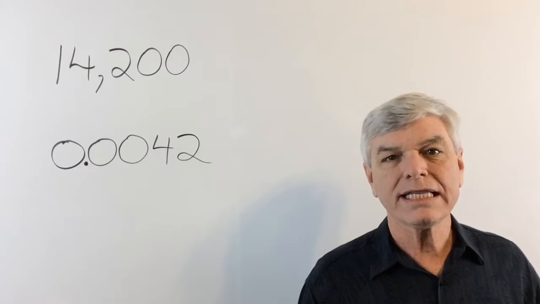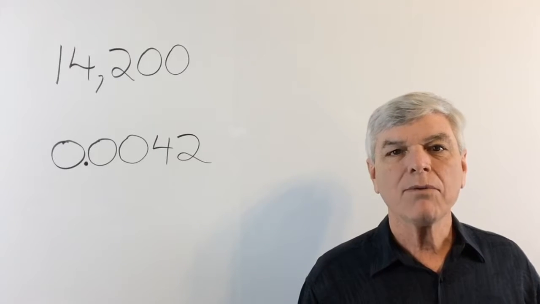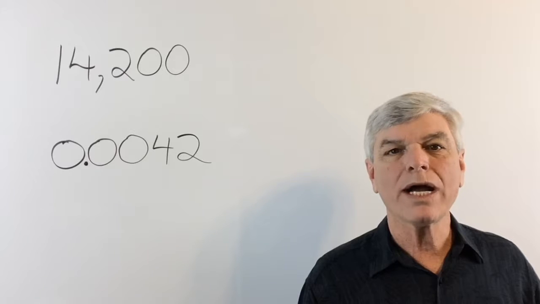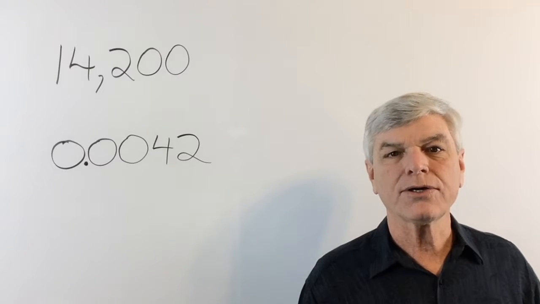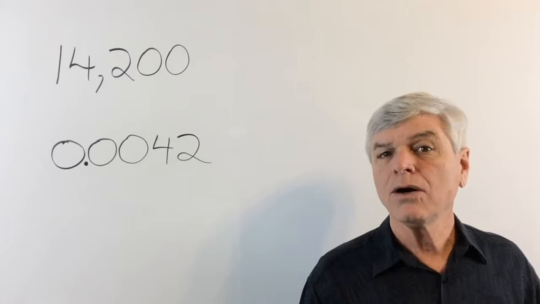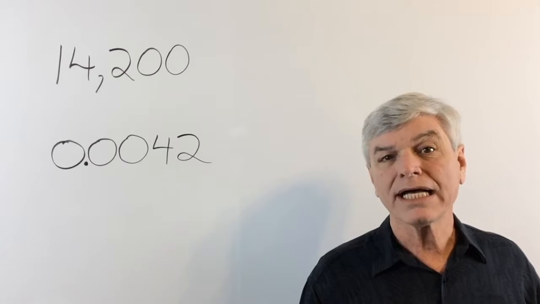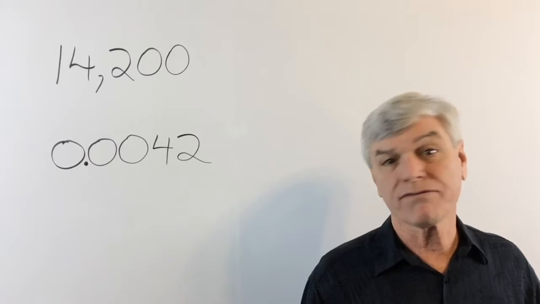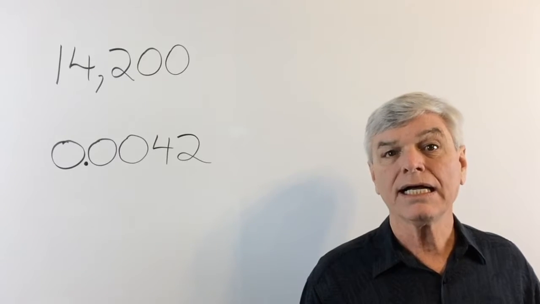We're going to take 14,200 and we're going to reduce it to 1.42. Now remember I said we're going to reduce it to the units value? Well, that number has to be between 1 and 9. So the first number has to be between 1 and 9.